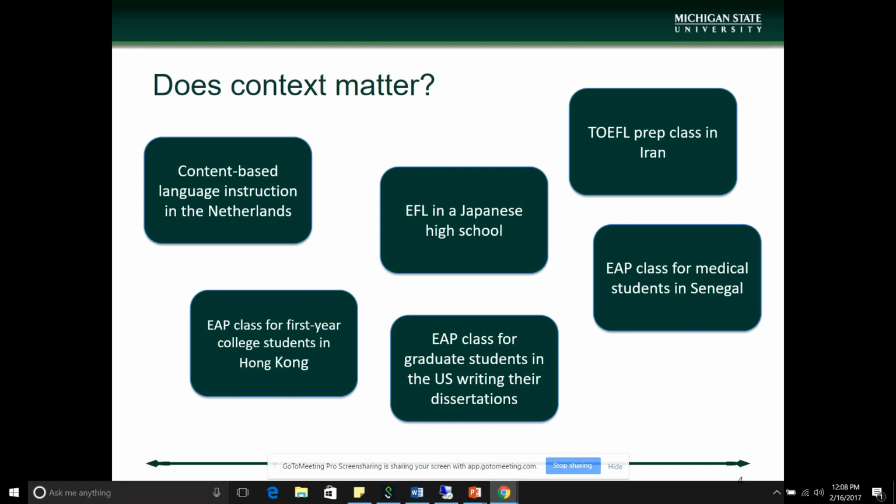Speaking for myself, I've always had a tough time finding this balance. When I was teaching in an EFL context where students were taking required English classes, I focused a lot more on grammar.